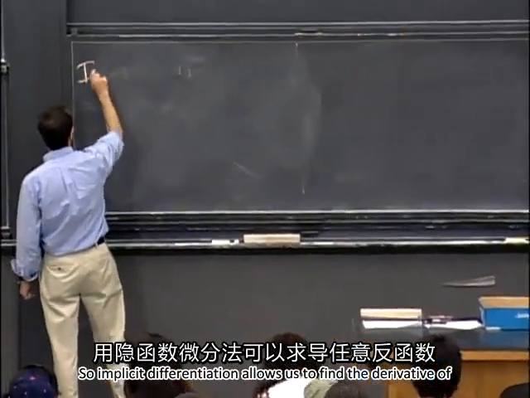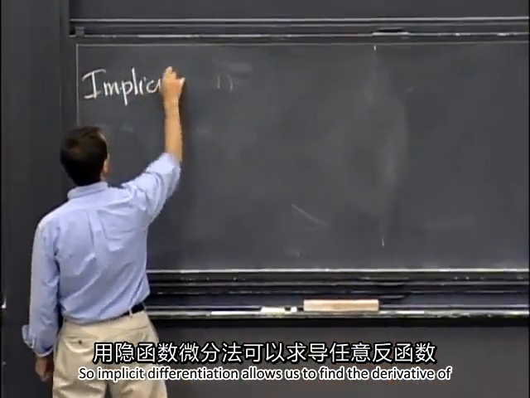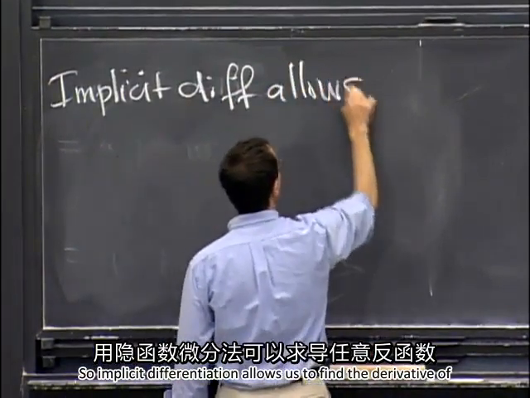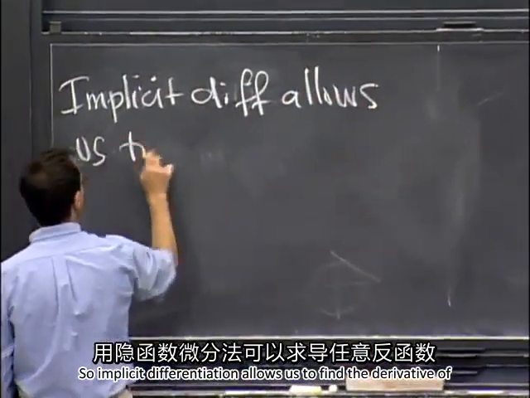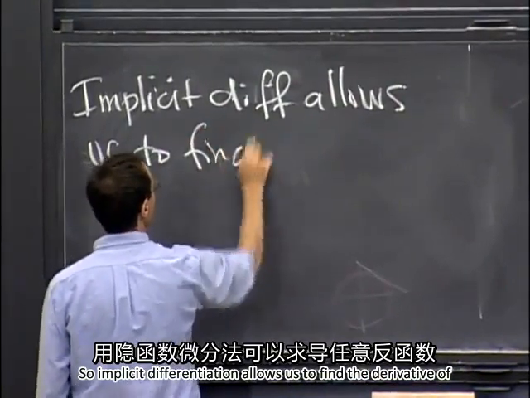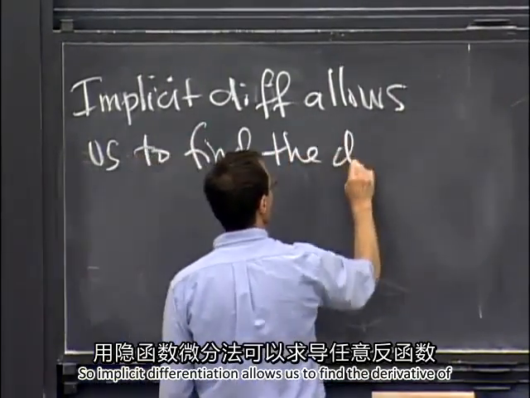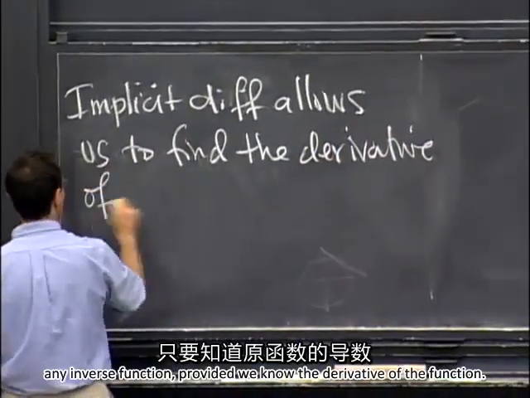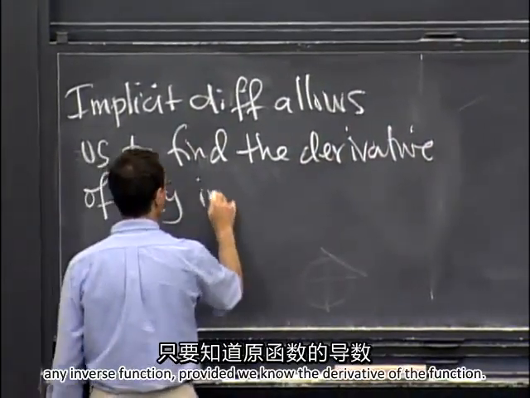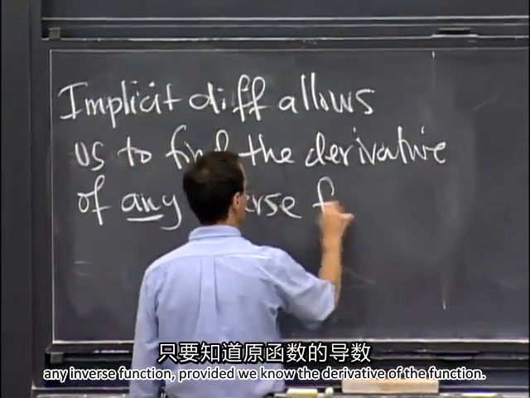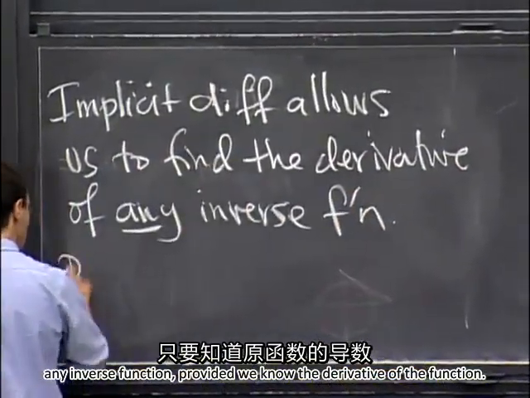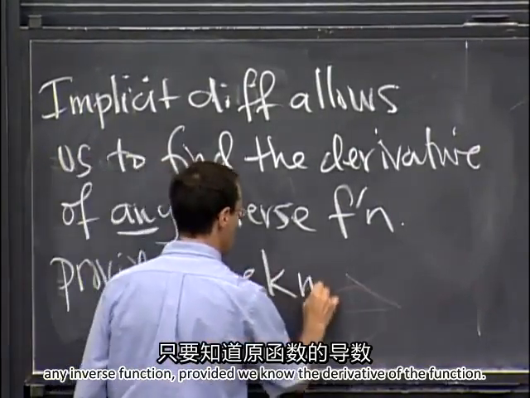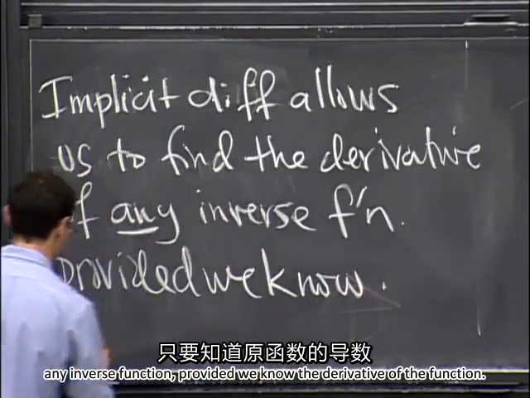So implicit differentiation allows us to find the derivative of any inverse function provided we know the derivative of the function.